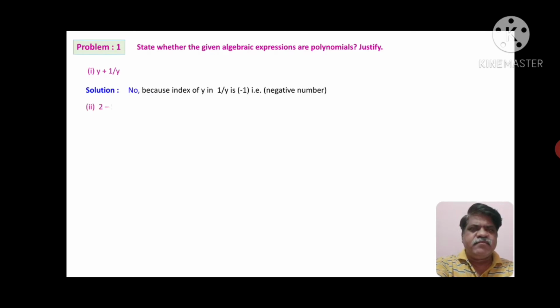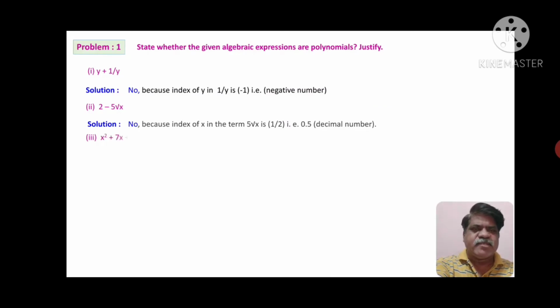Second, 2 minus 5 root x. Here the solution is no, because the index of x in the term 5 root x is half, that is 0.5, a decimal number, which is not expected for polynomials.